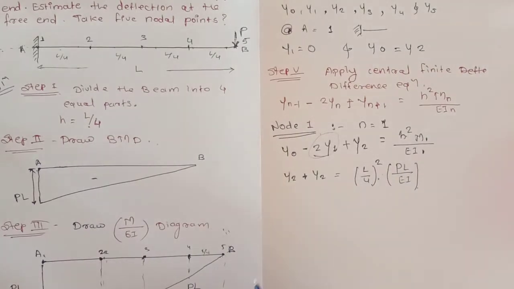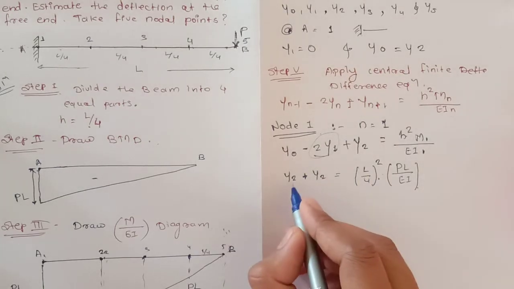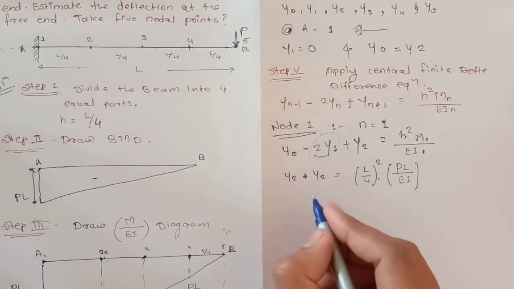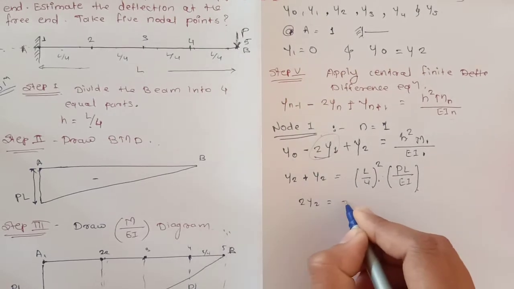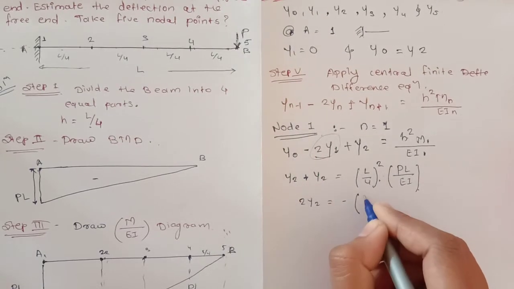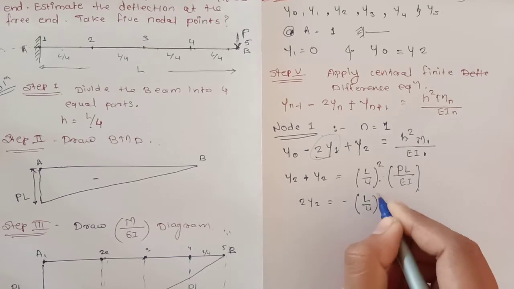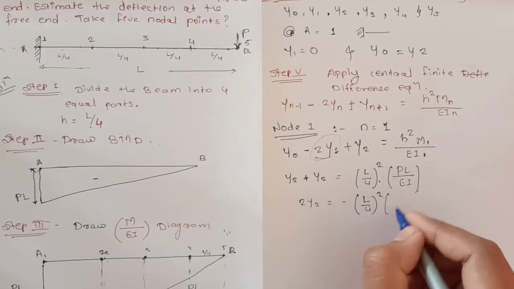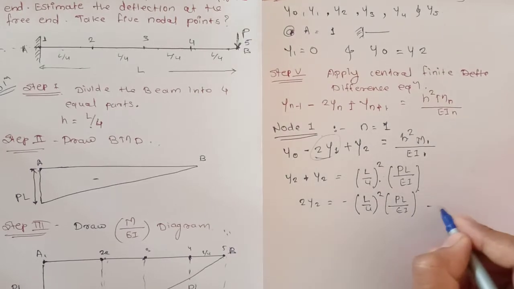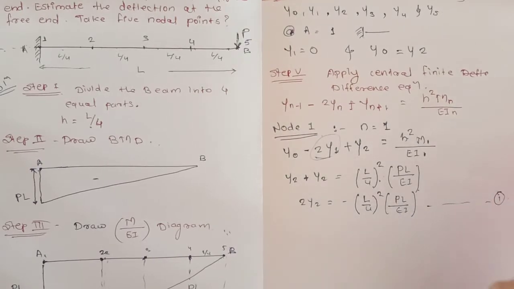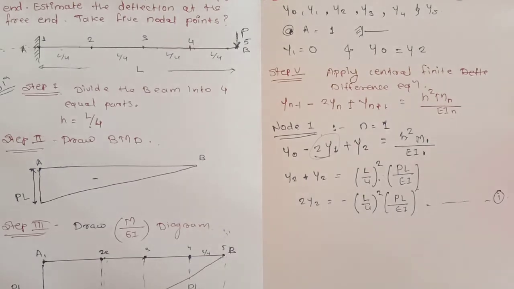Then next, this y2 gets 2y2 is equal to minus L by 4 square into PL divided by EI. Okay, so this is our equation number first. So here we take negative sign due to hogging bending moment.